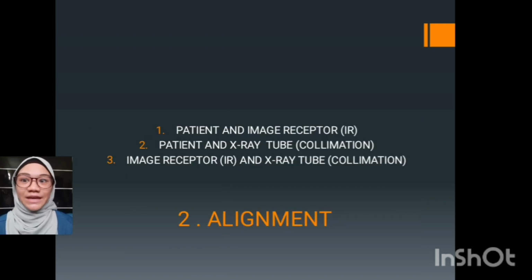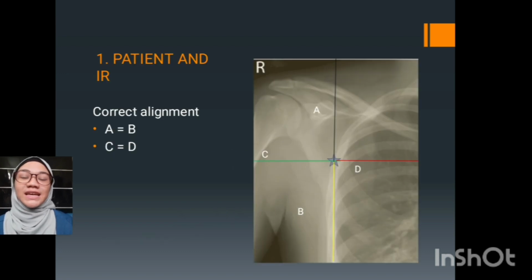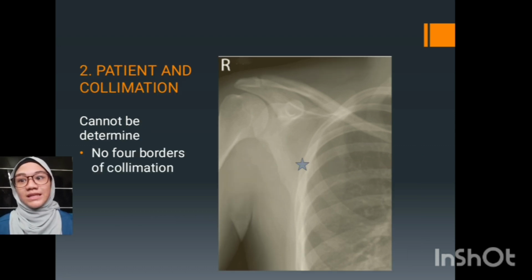Second criteria, alignment. First, alignment between patient and image receptor. It is correct because the superior is the same length as the inferior, and the left side and the right side are the same length. Second, alignment between patient and collimation. It cannot be determined because there are no four borders of collimation.